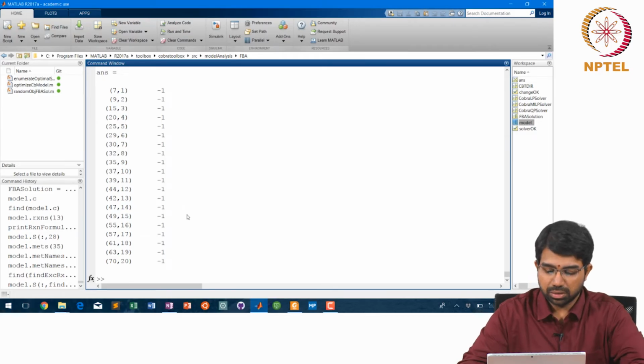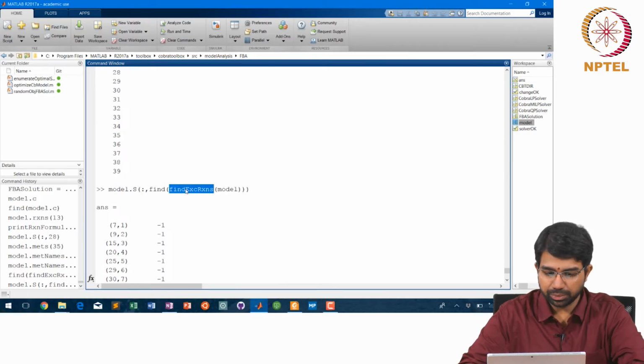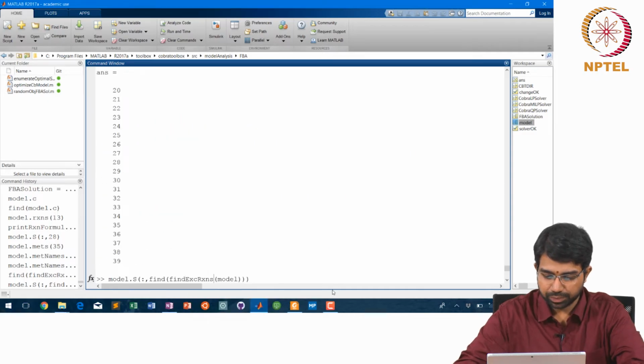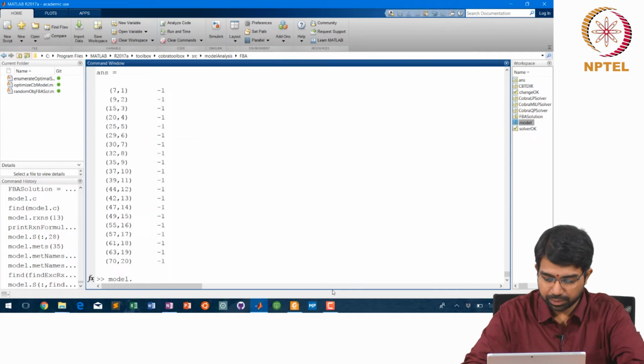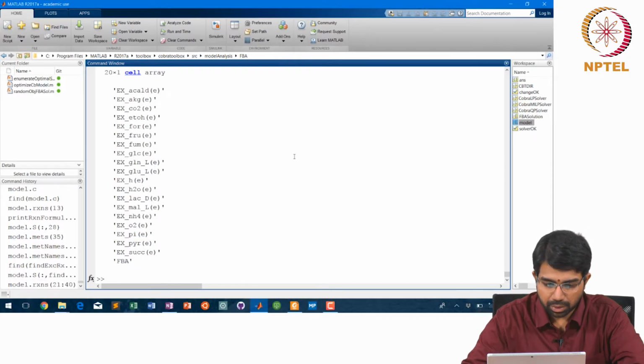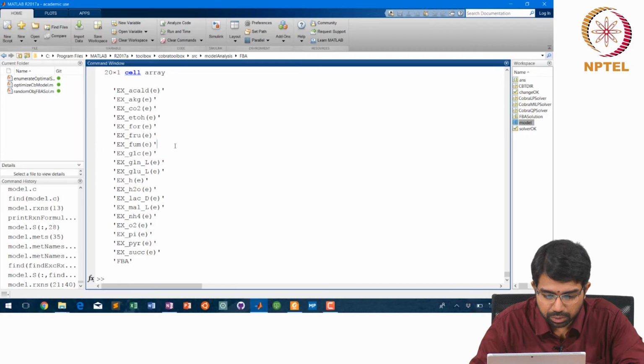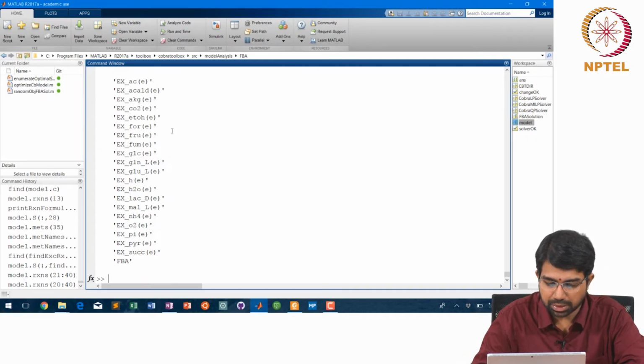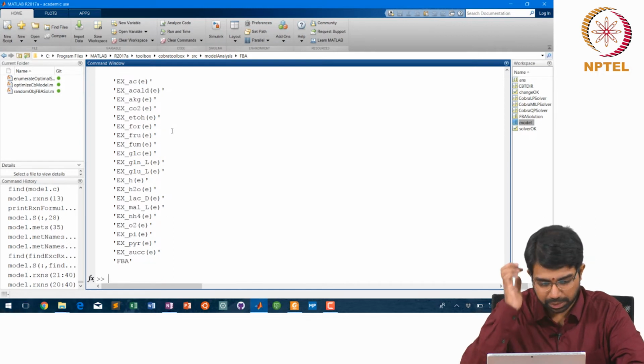So I would basically need to find out where acetate is. Model.rxns 21 to 40. Maybe acetate is 20 already. Yeah, acetate is 20, right? So it makes life easy.